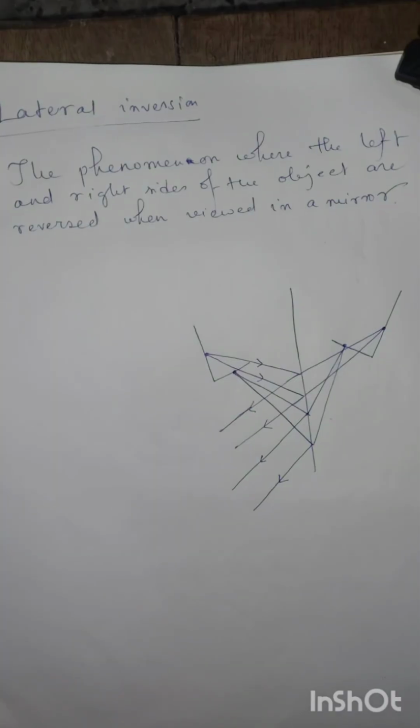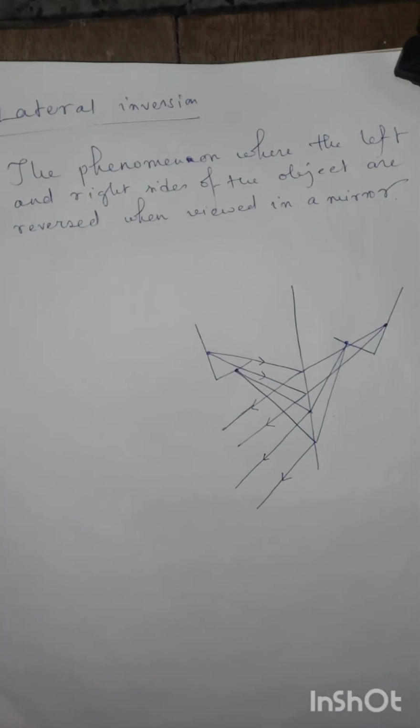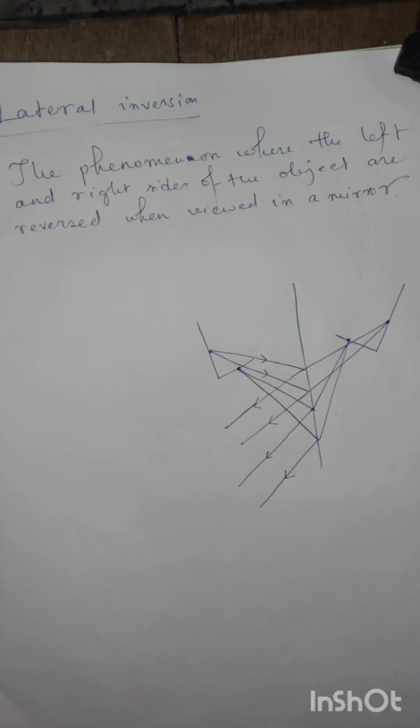Now our next topic is lateral inversion. Lateral inversion means the phenomenon where the left and right sides of the object are reversed when viewed in a mirror.